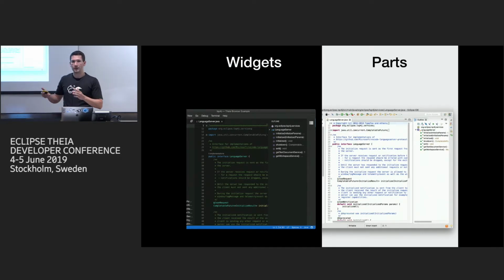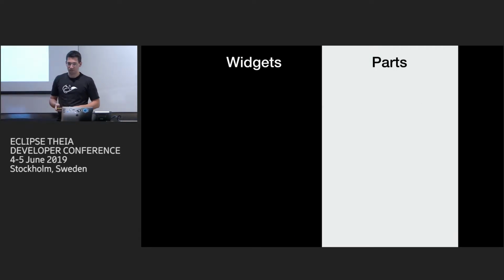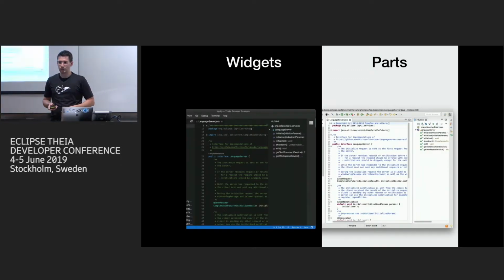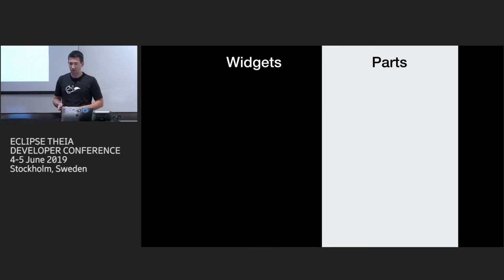So we can have a singleton view which maybe is synchronized to a selection, which implies that there's sort of a selection service somewhere in the application. And whenever I change maybe the currently active editor, that is synchronized again.